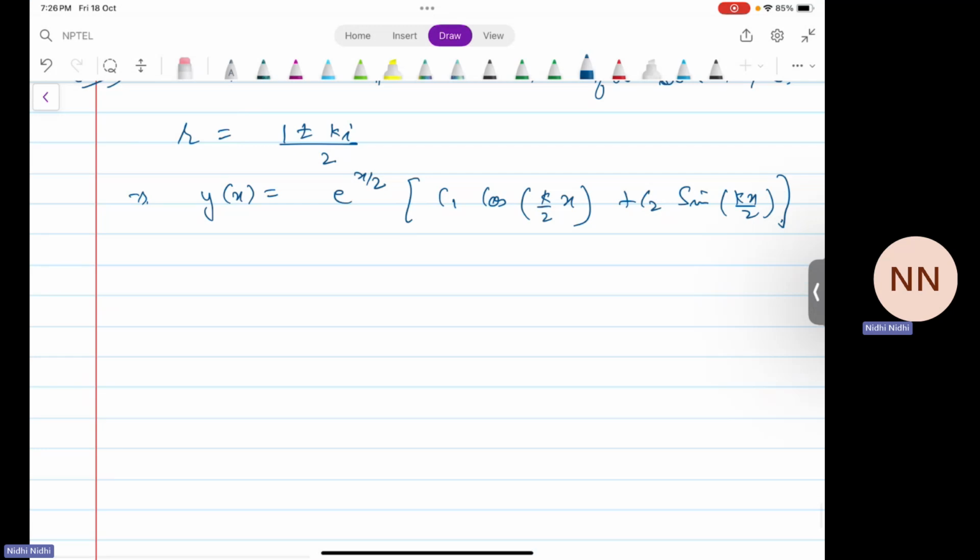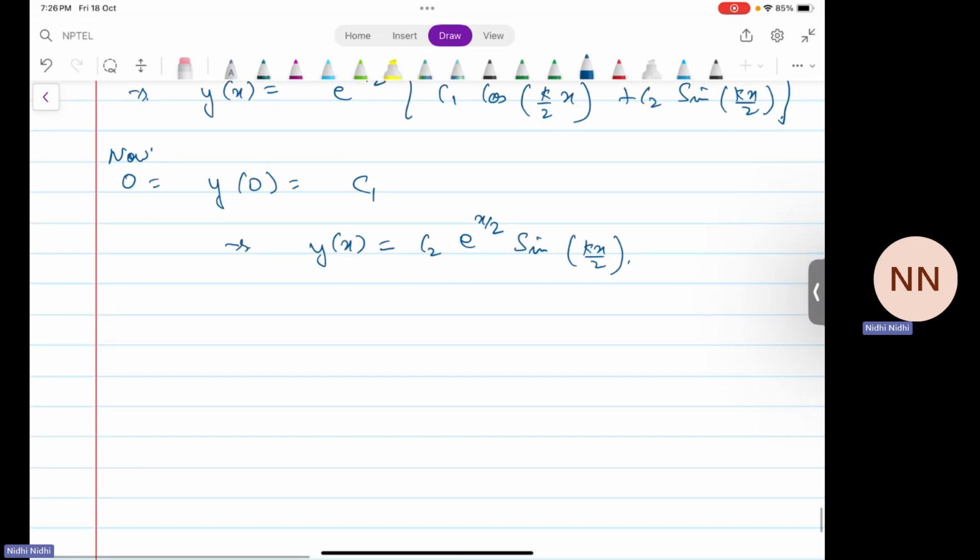Now let's look at the boundary conditions. We have 0 is equal to y(0). So y(0) is just c1, because sin 0 is 0. So this gives us that c1 is 0. This implies y(x) is just c2 e to the power x/2 times sin(kx/2).